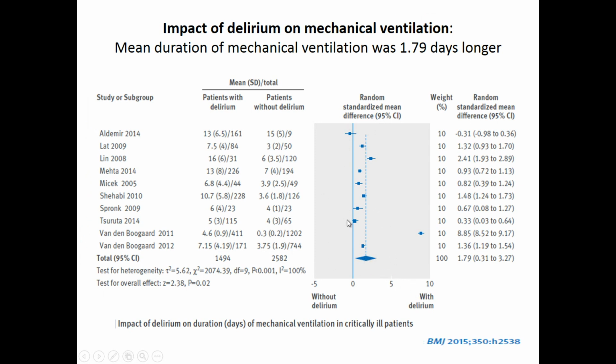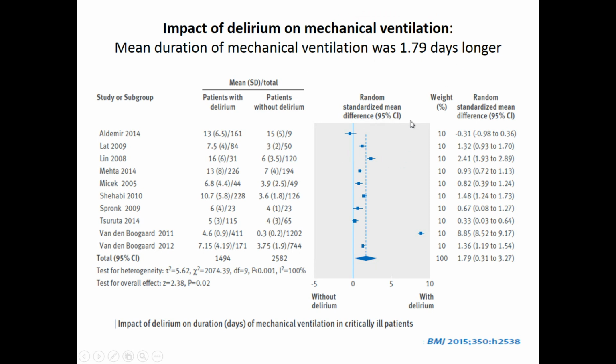at the sum of the available best literature, you can see that this final total triangle here is to the right of this line, which suggests that in summary, the literature suggests that delirium does lead to longer length of stay on mechanical support, and they came up with a number of just under 2 days longer, which is actually really quite impressively long.